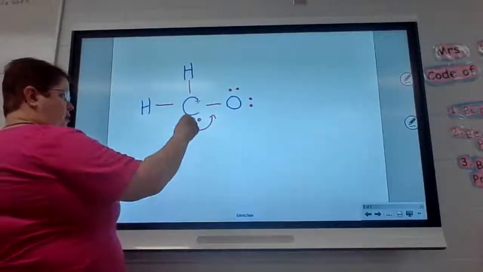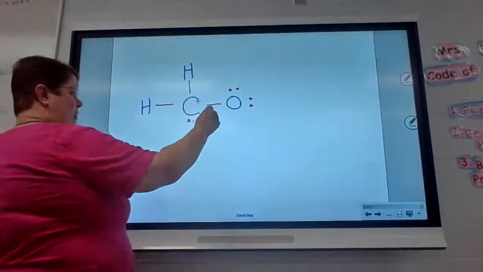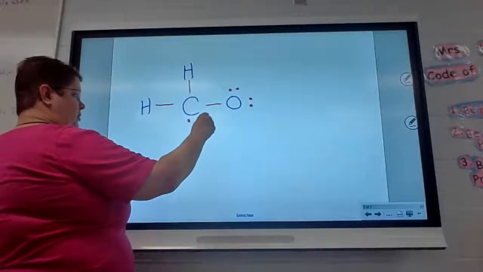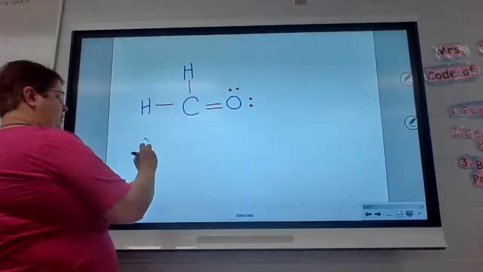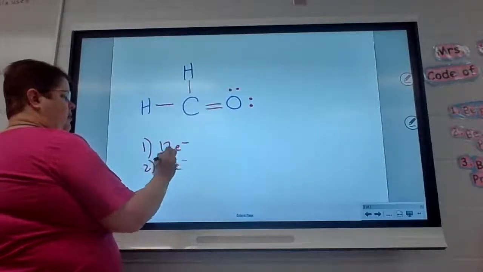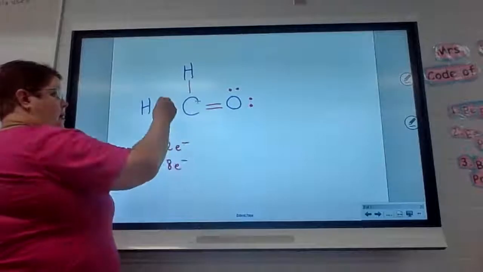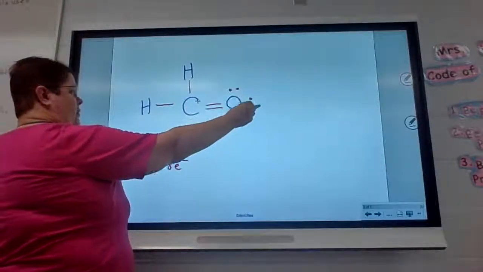So all I'm going to do is move these to right there, and then everybody has their happiness because they all have 8. So I'm going to take those. I'm going to put them right there. So does everybody have the 12 and the 8? All right. So do I still have 12 that y'all added up? 2, 4, 6, 8, 10, 12.